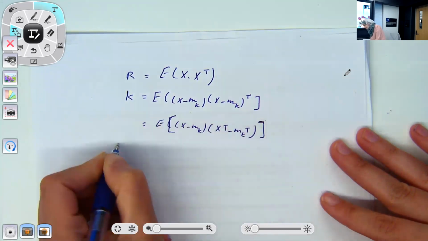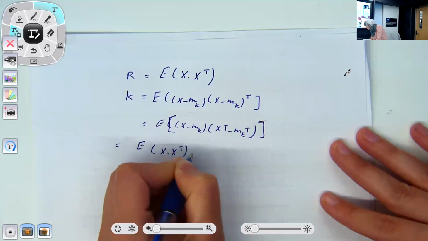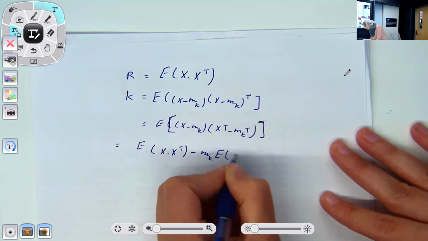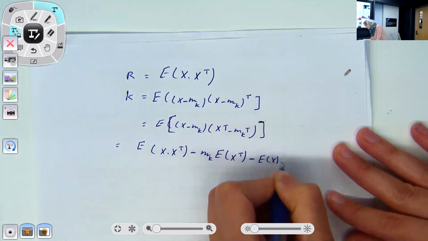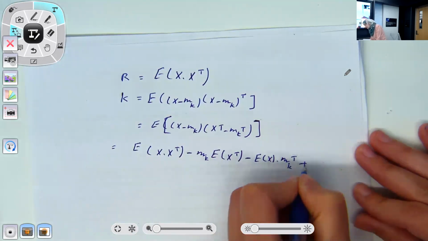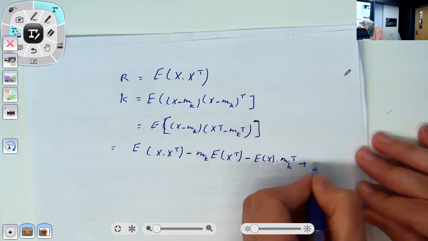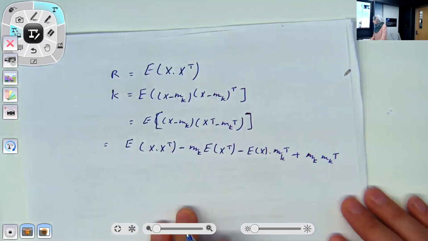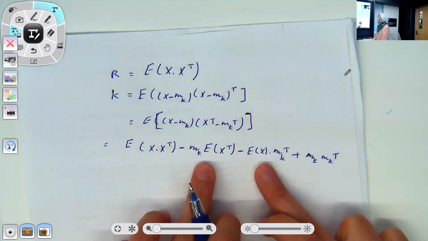Then you need to expand. This is equal to the expected value of X times X transpose, minus mu X, because it's a constant, multiplied with the expected value of X transpose, minus the expected value of X multiplied with mu X transpose, plus the expected value of mu X times mu X transpose, which equals mu X times mu X transpose. If you look here, they are similar, this one and this one are the same.